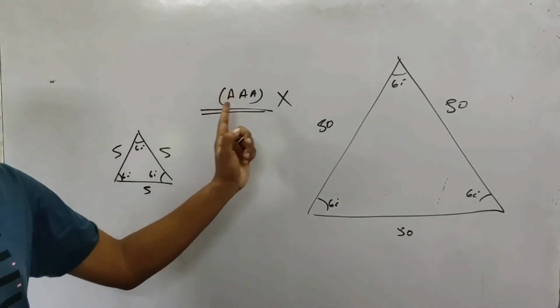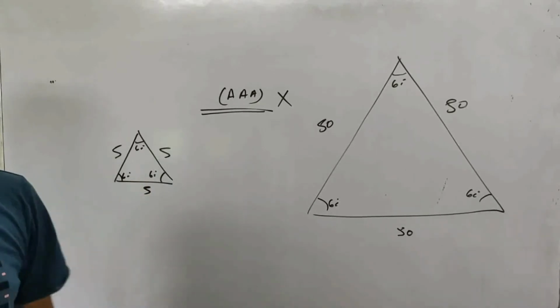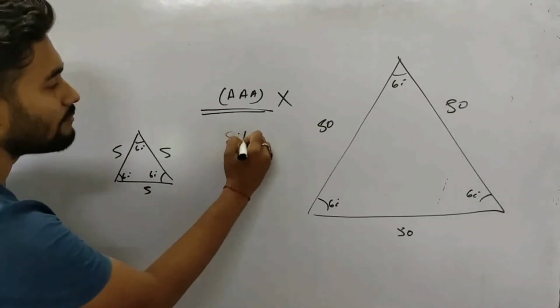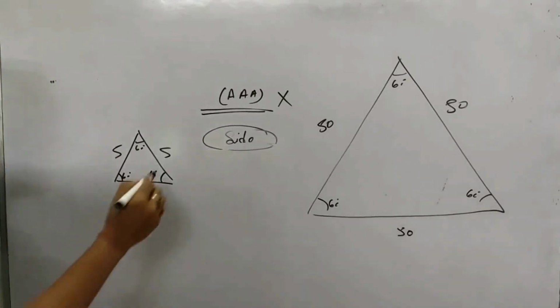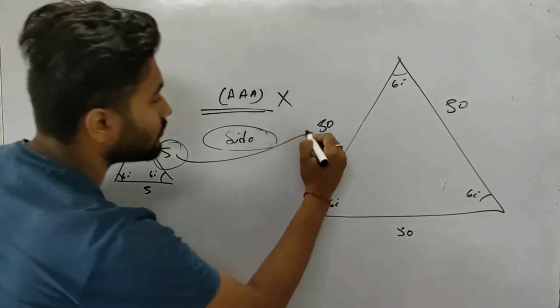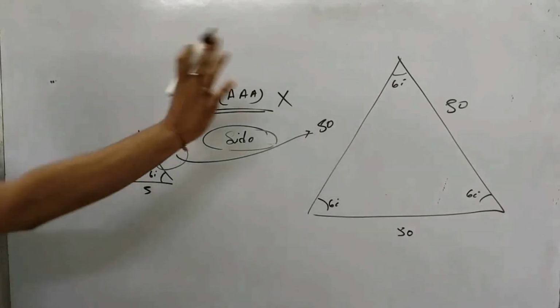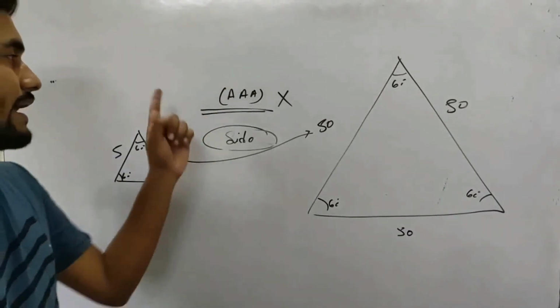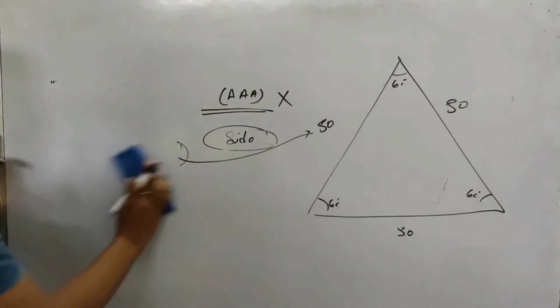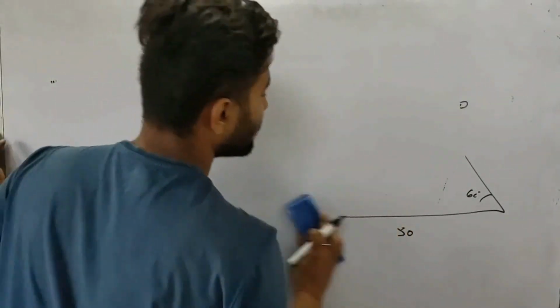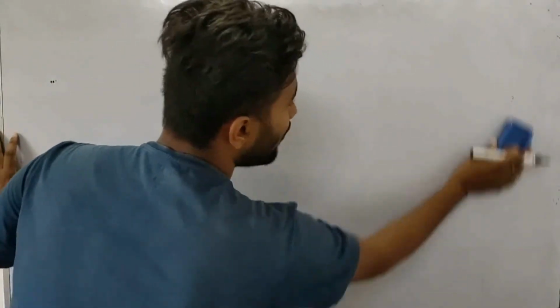So by three angles you cannot show it. Side is compulsory. You have to show that a side is equal. Since no side is equal, by angle you cannot show that the two triangles are congruent. Understood? So what is the main point?